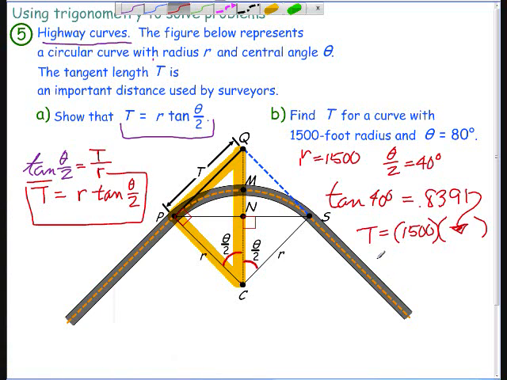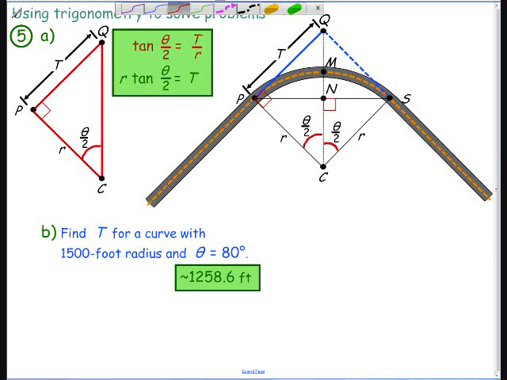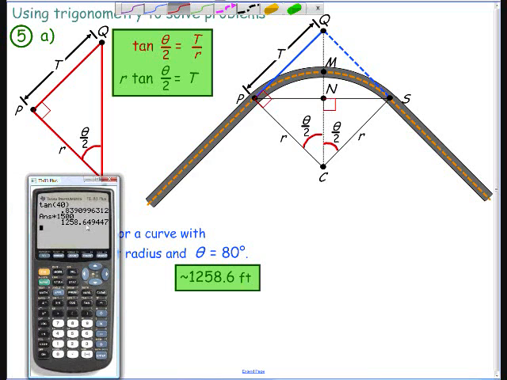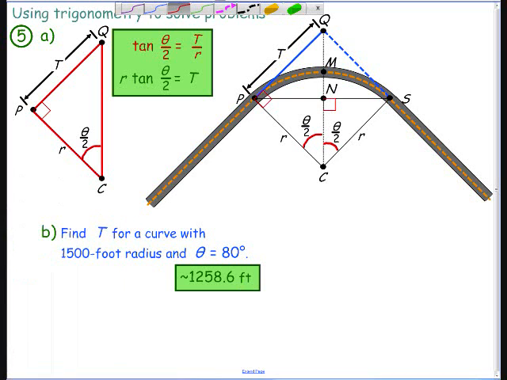I don't think we'd have to be that accurate, but 1256.65 feet. It's important to put that measurement in there, isn't it? And that's exactly what we got. Well, if we had rounded to the 10th place, it would have been 0.6, just as we have there.